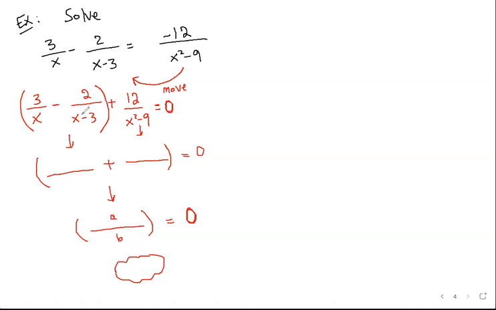So how can we combine the first two fractions here? We have to find the least common denominator between x and x minus 3. Cross multiply, or I can find the least common denominator. Like he said, I can do a cross multiply.